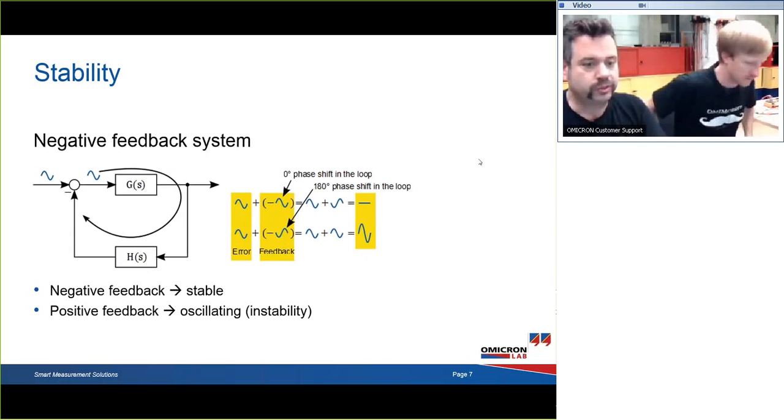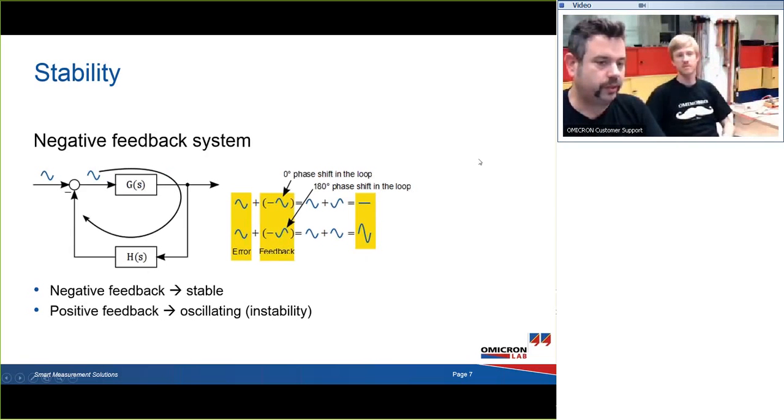A control loop is stable if the feedback that arrives at the error amplifier is 180 degrees out of phase with the signal that gets into the error amplifier, because the error amplifier has a small minus, so it subtracts the signal that is coming back via the feedback loop from the input signal. If the signal arrives in phase to the error amplifier, it is then phase shifted and cancelled out. This is why it's called negative feedback, and so the whole system is stable.